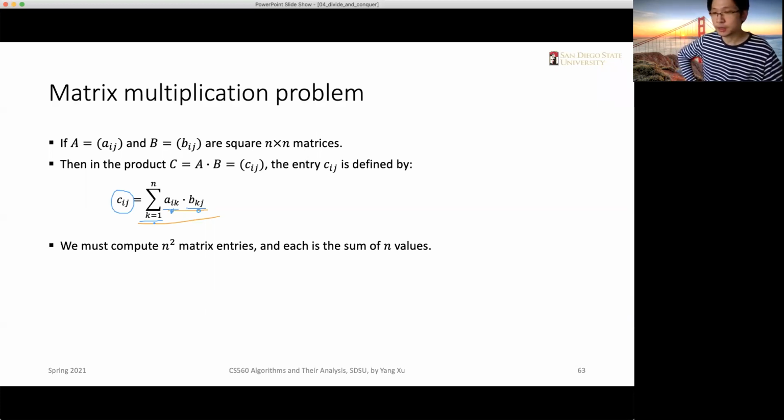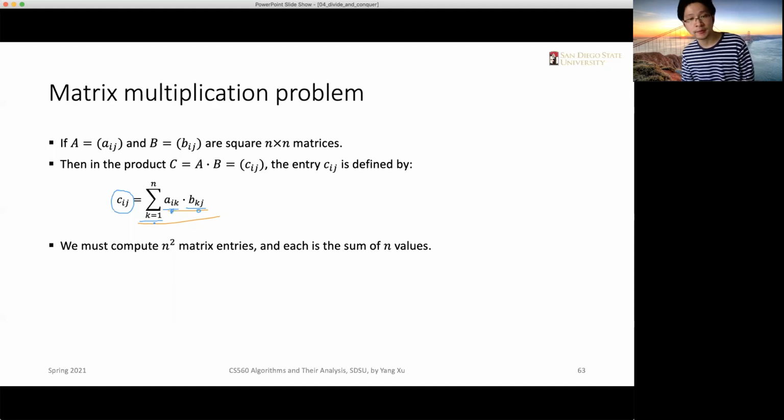All right. Then let's think about how complex the problem or the solution should be. It's quite straightforward, right? We know that the outcome is a matrix, and we know its size. We know its shape. It's an n by n matrix that has n squared elements that need to be computed.